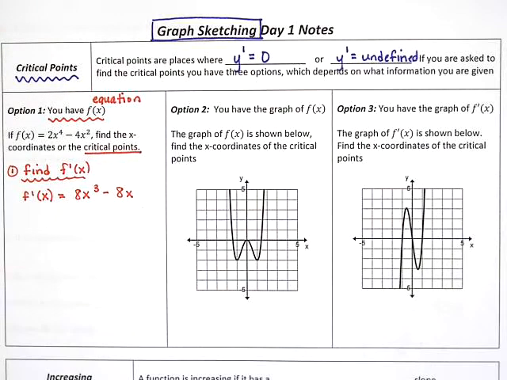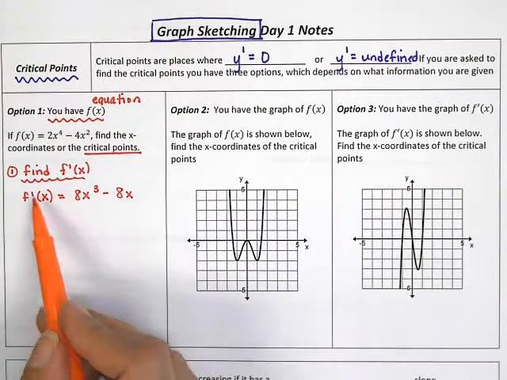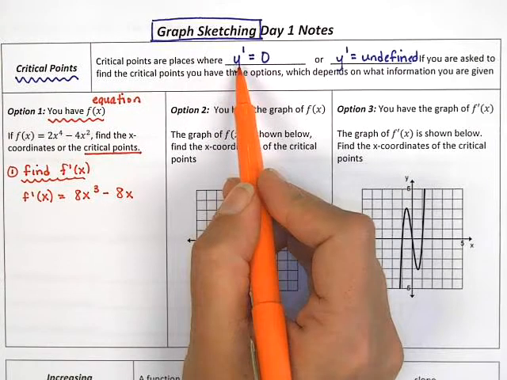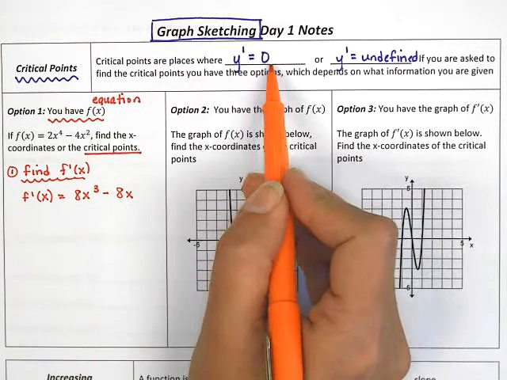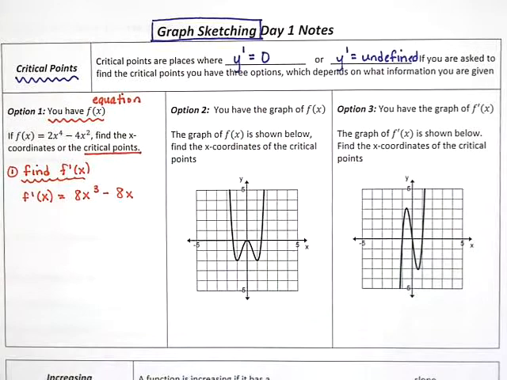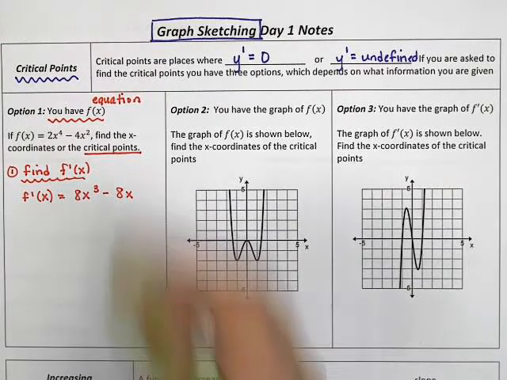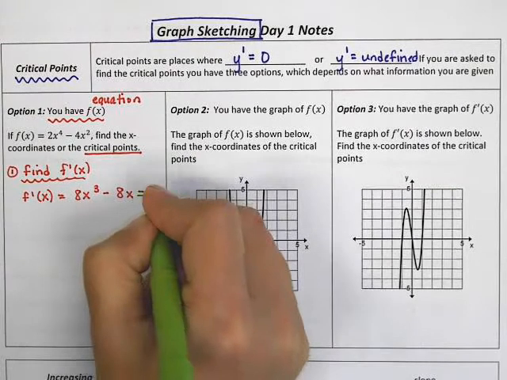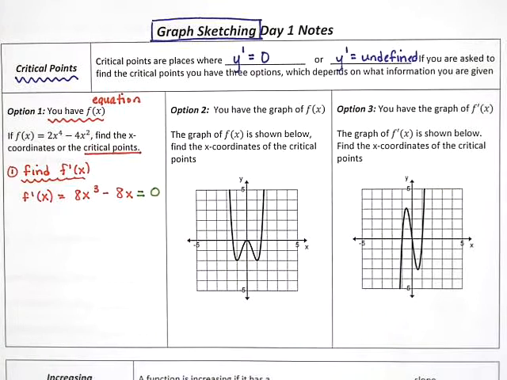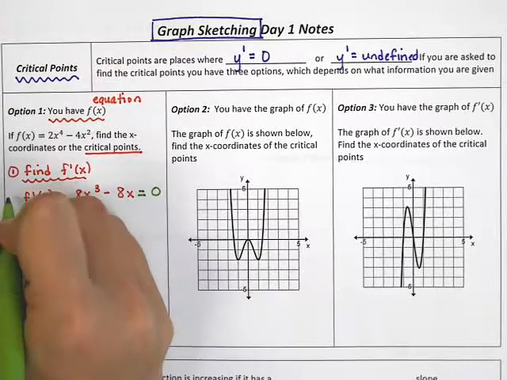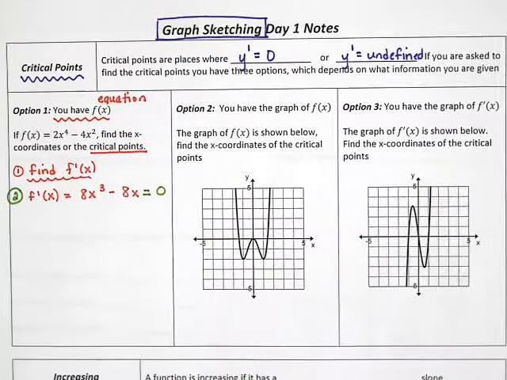Now step number 2 here would be to figure out where f prime, or another name for that would be y prime, is equal to 0 or undefined. Now when I say equal to 0, what that means is that we are literally going to set this equation equal to 0 and solve. So step number 2 is to make the equation equal to 0 and to solve it.